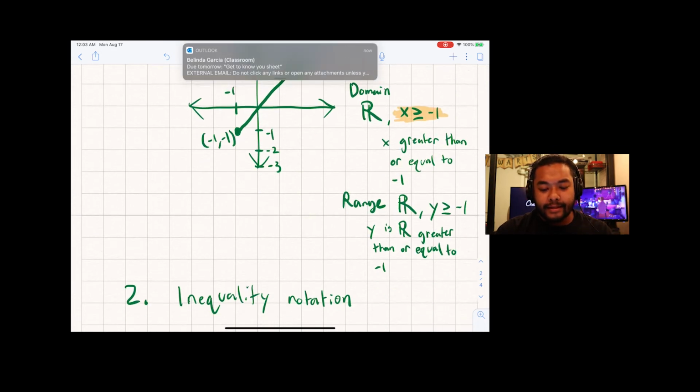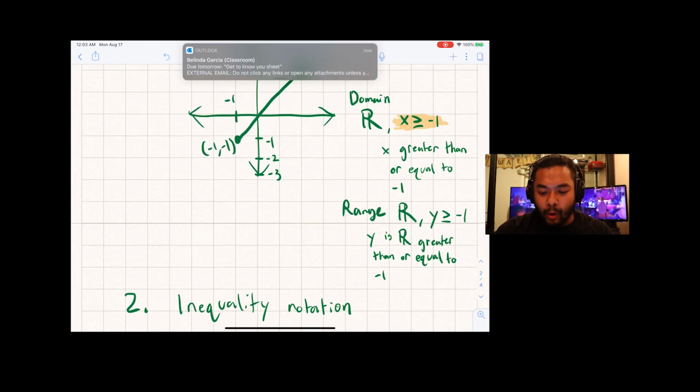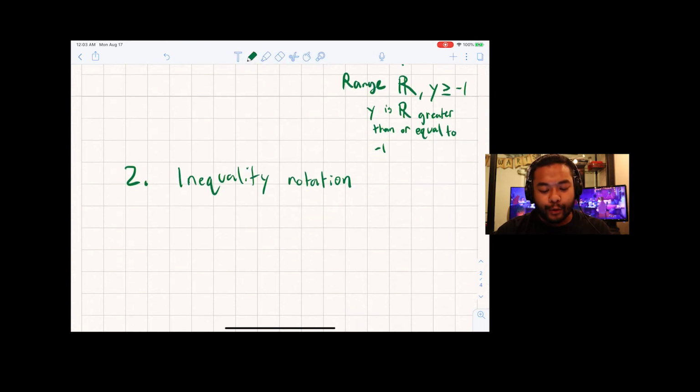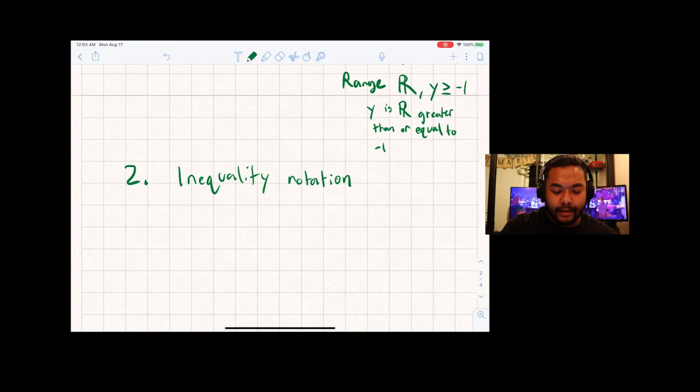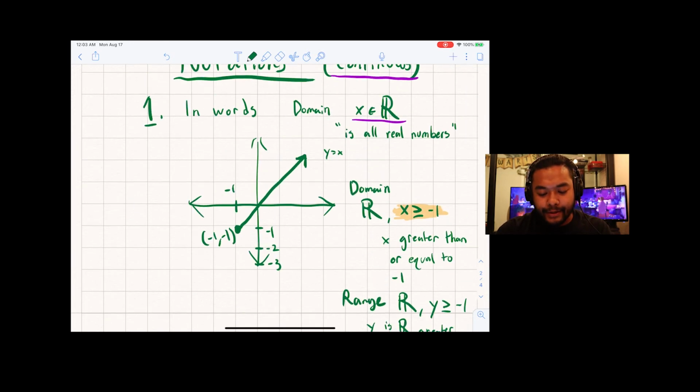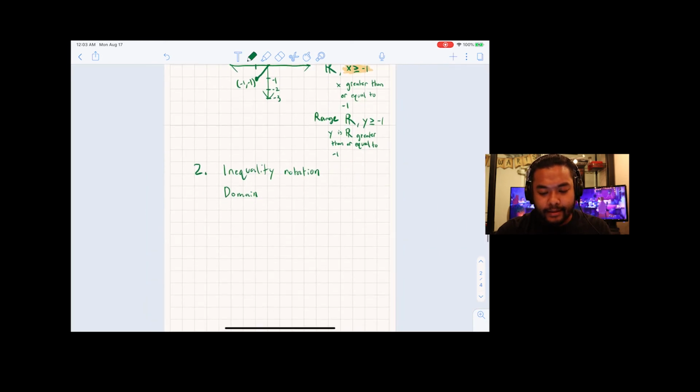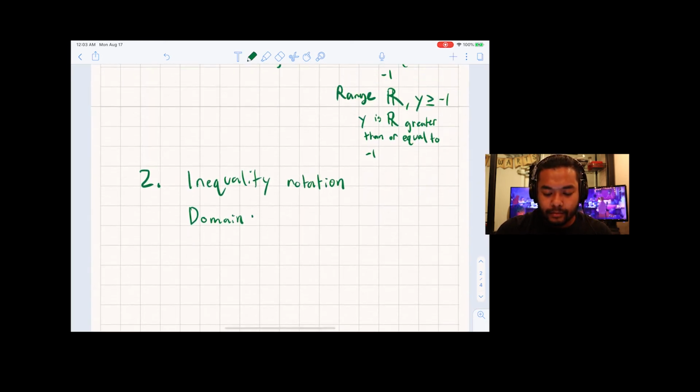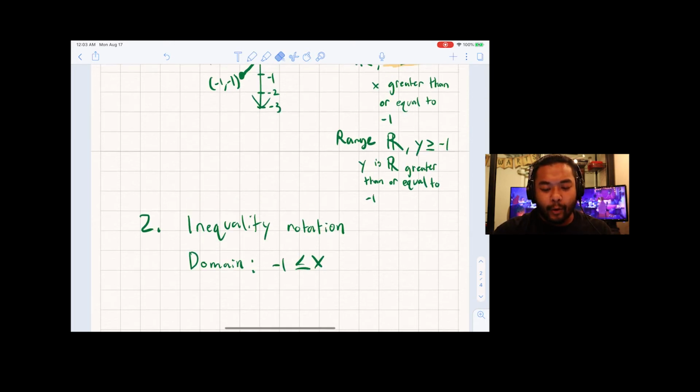Then, instead of saying all real numbers, x greater than or equal to -1 for the domain, I could say the domain for this same function is x is greater than or equal to -1. We do that. But how do we get the all real numbers part?